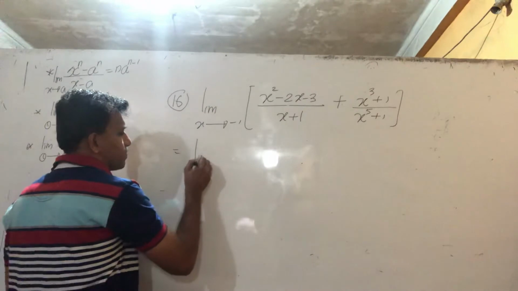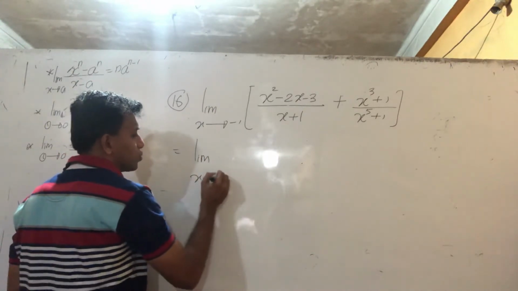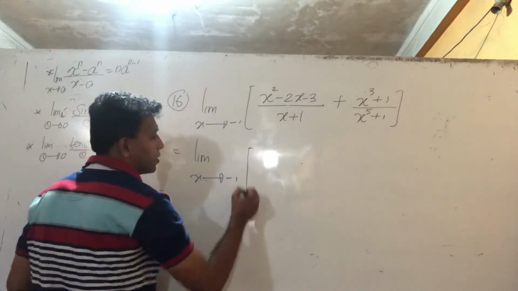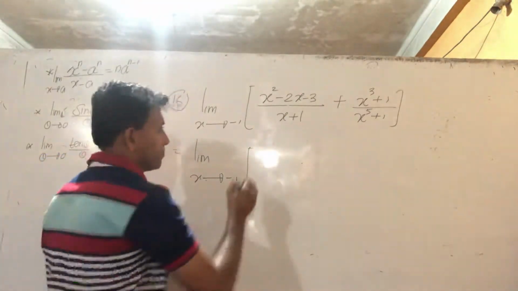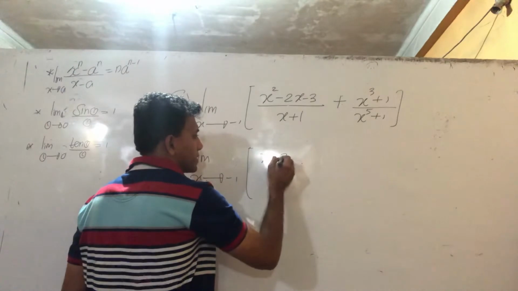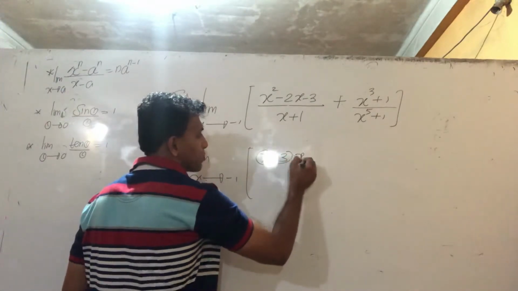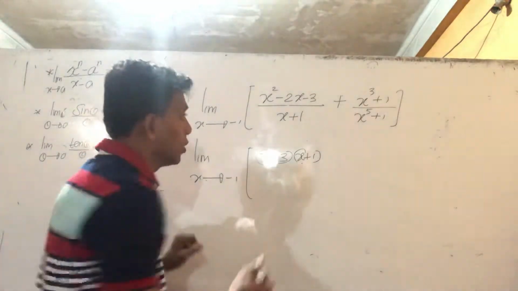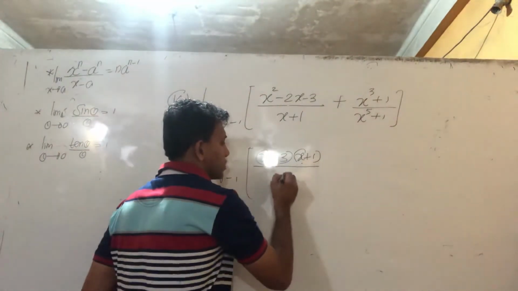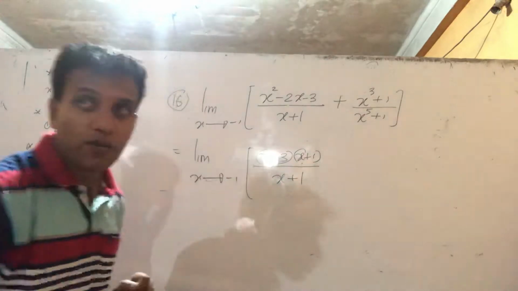So limit x tends to minus 1. You get the factorization: (x minus 3) into (x plus 1), over x plus 1. Factorize, right?